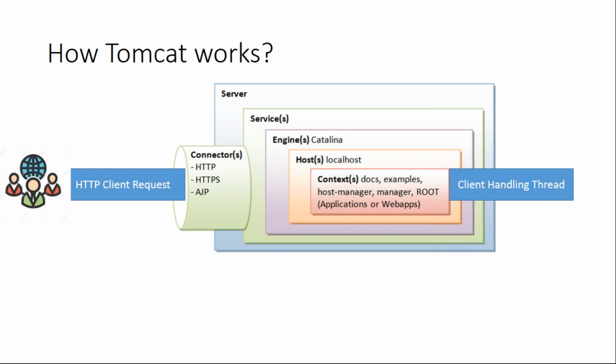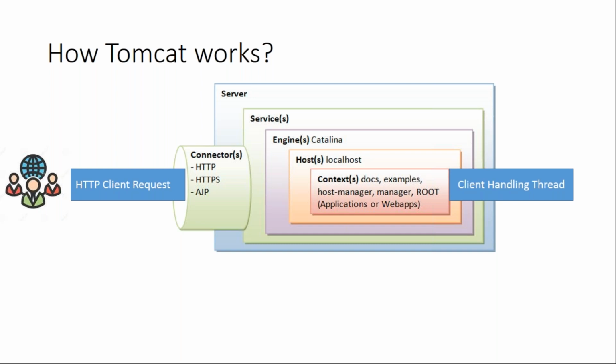So the HTTP protocol opens one socket, and that socket is always connected, always ready to give requests to the Catalina engine. The engine internally takes the request and processes it with threads freshly created on demand. One request comes, one thread. So if 10 requests come, then 10 threads will be created.